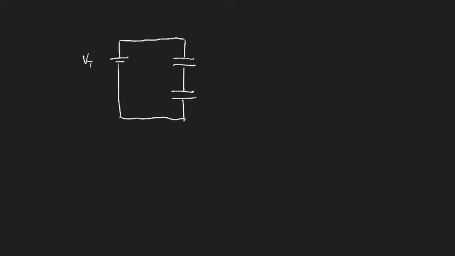And I said one of these was 2 farads, and the other one was 3 farads. Okay. So I'm just trying to use some nice integer numbers. Let's go ahead and say that this is a 10 volt power supply, right? So I'd like to find out the charge and voltage on each capacitor.